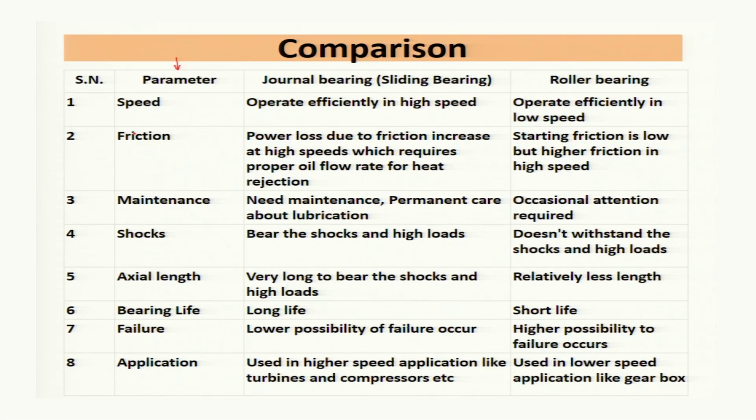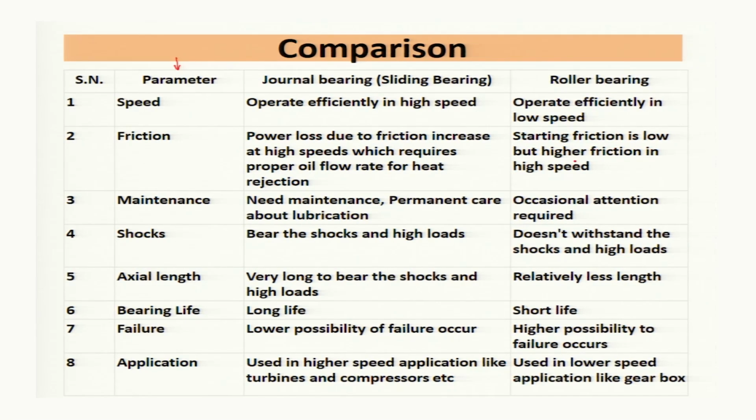On the parameter friction, if these two are compared, then in a journal bearing power loss due to friction increases at high speeds, which requires a proper oil flow rate for heat rejection. For the roller bearing, starting friction is low but friction is higher at high speed.